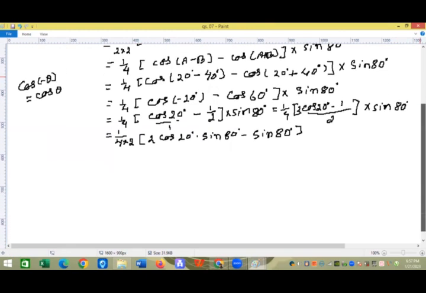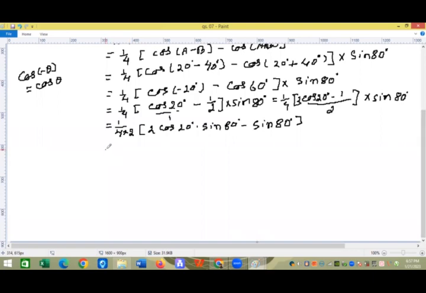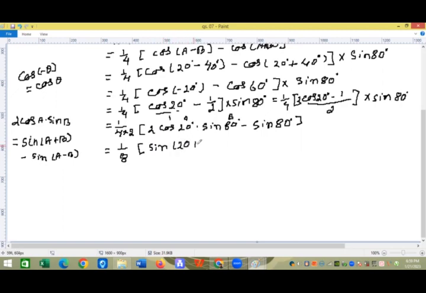Okay, and now you can see here there is 1, and 4 times 2 is 8. Now again here, for this sort of thing, this is sine(A plus B), means 20 plus 80 degrees, and then in between them we have negative sign, that is minus.